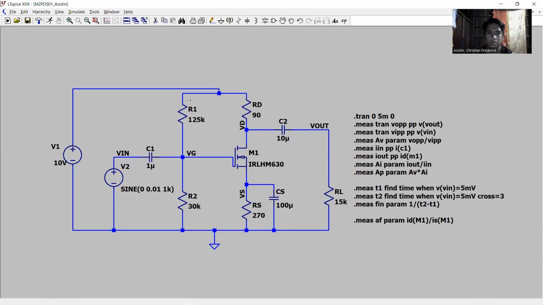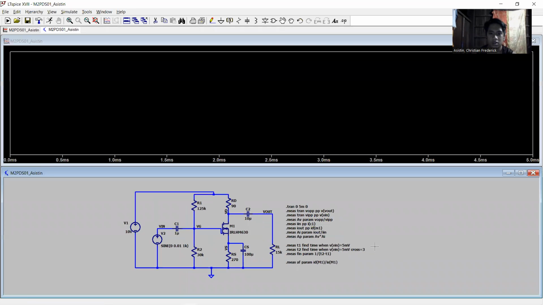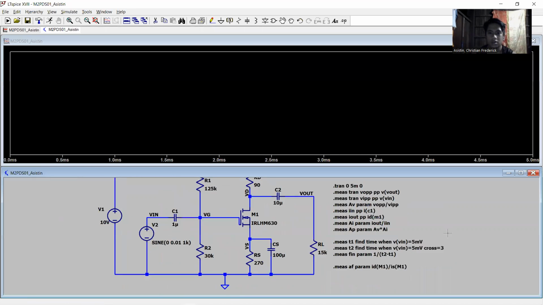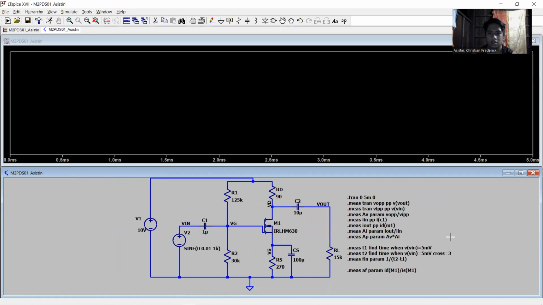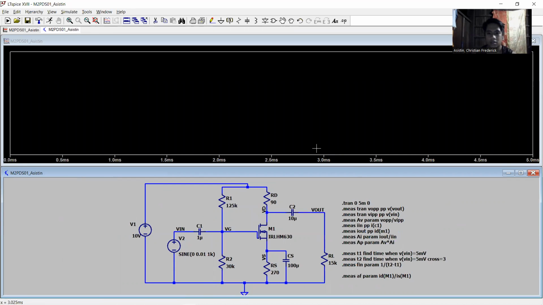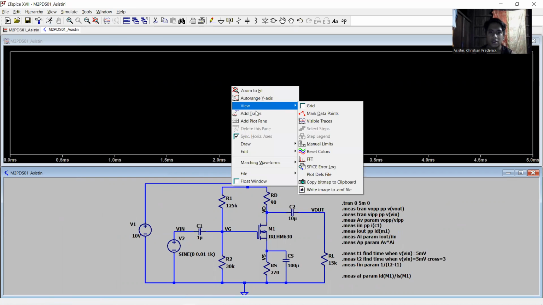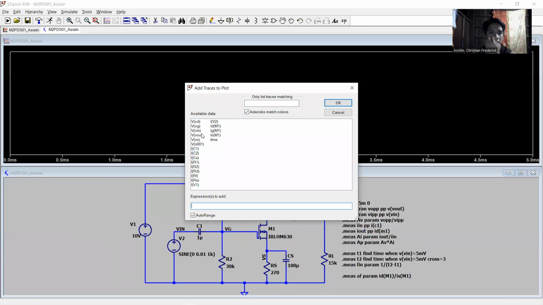So let's just run it. Let's push run. And as you can see here, we already pushed the run button. Now we're going to add traces, just like the V out. Let's add traces and choose V out.